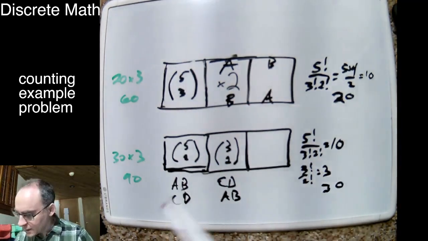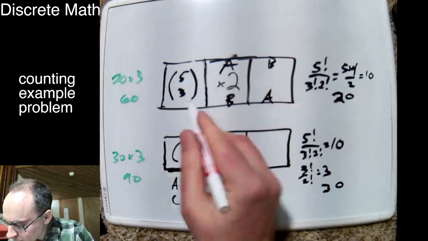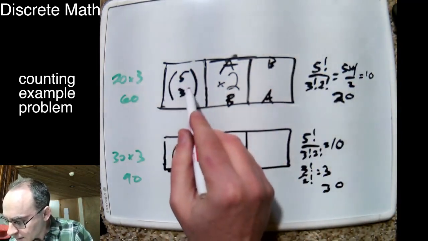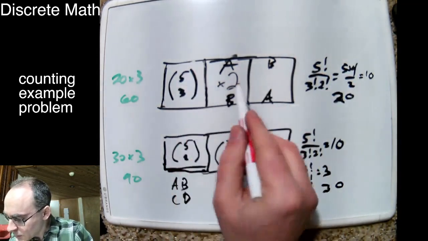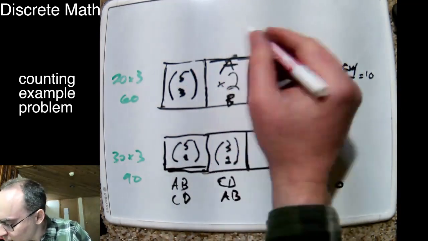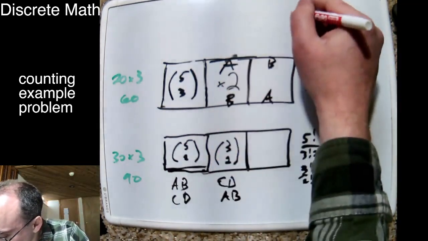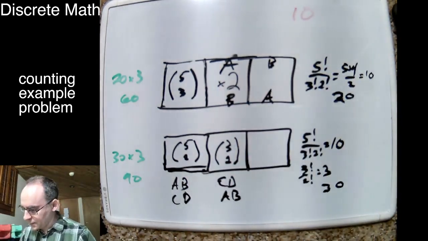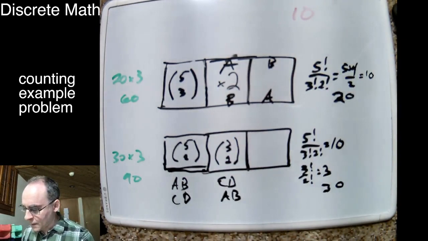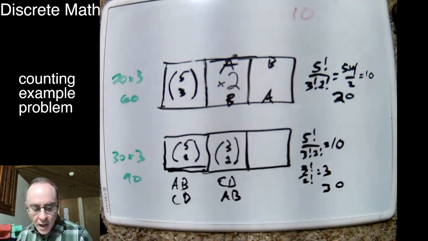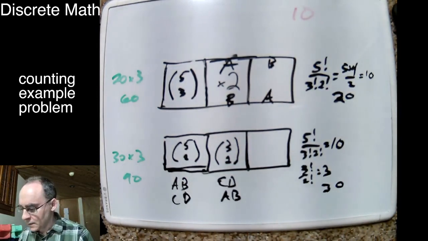I really only have the 10, because once I choose which 3 to put in this box, that box is special. It's got 3 things in it. But then I don't really care about the difference between A, B in the other boxes or B, A in the other boxes. So in that case, I'm just going to write a 10 up there to indicate that if I've got that arrangement and the boxes are indistinguishable, then I've only got 10 ways of doing that.